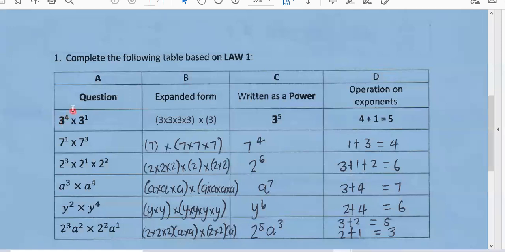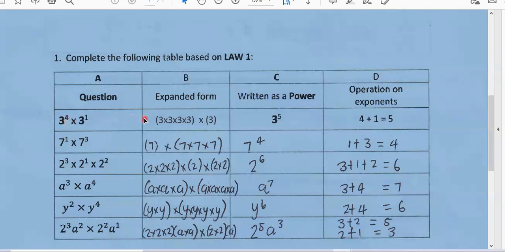We got our power, which is 3 to the 4, where the base in this case is 3 and the exponent is 4, multiplied by another base, which is 3, and the exponent in this case is 1. Now, when they say expanded form, they want you to write the 3 to the power 4 using the main function of the exponent.